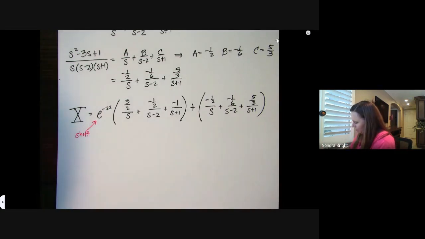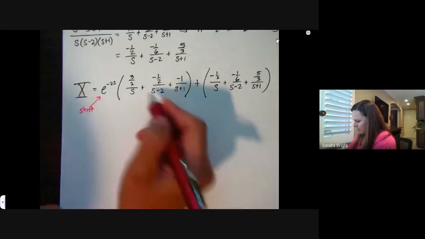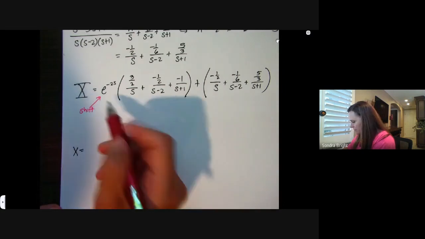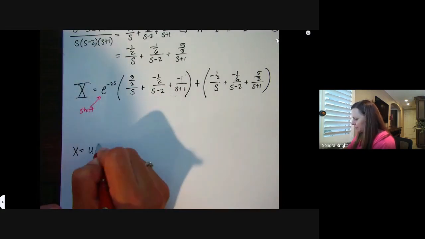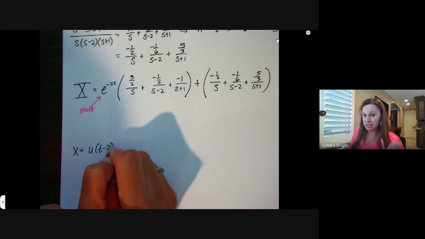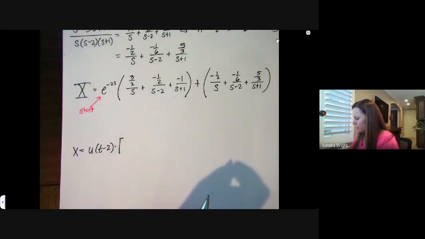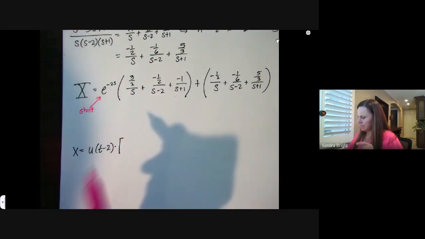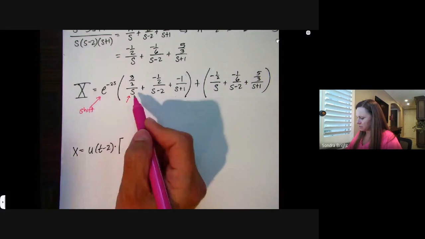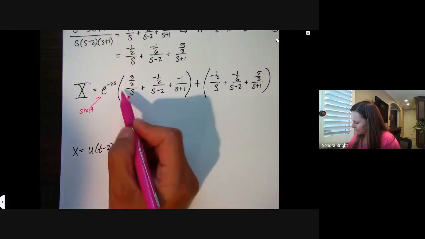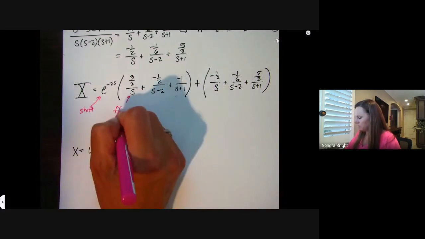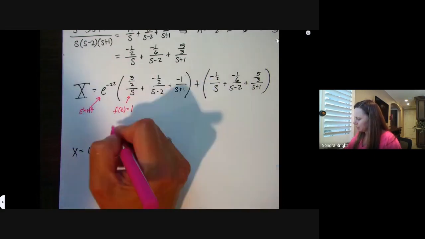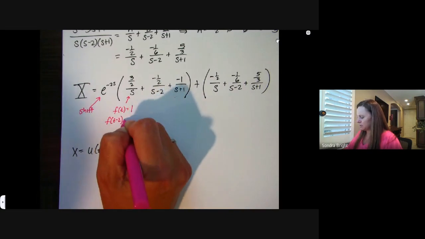I'll leave myself some room because I'm going to do some work here. That means little x will be, for this one here, u of t minus 2 times f of t minus 2. If this is big F of s, then little f of t would be 3/2 times 1. So what's f of t minus 2? It's still a constant, so it's 1.